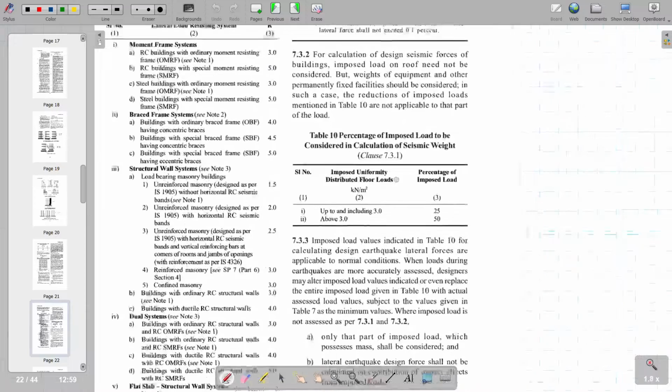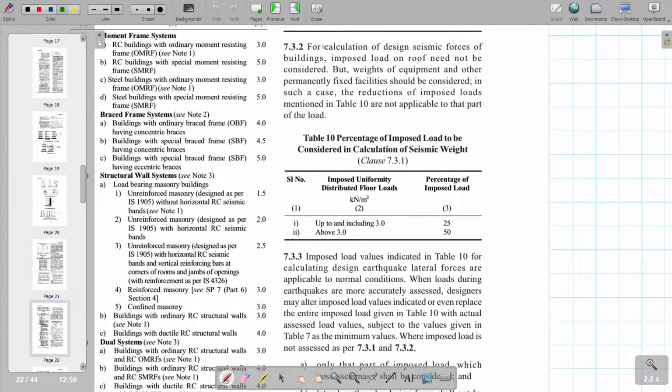I will zoom in so that you can read the clause. The clause says that for the roof, live load need not be considered, that means it should be zero, unless you have fixed equipment or instruments on that roof, in which case you can consider it.